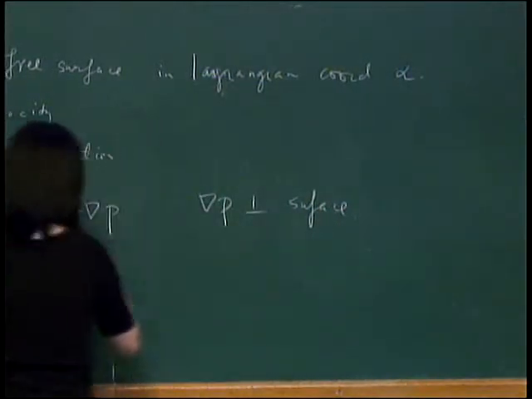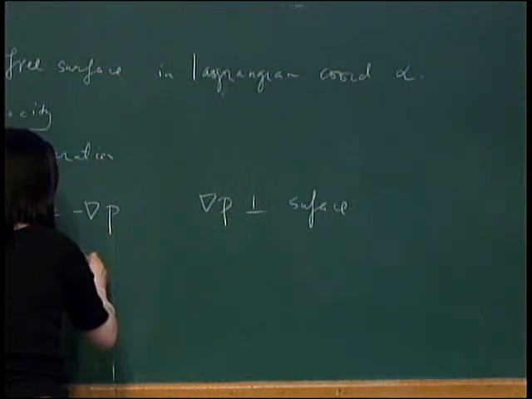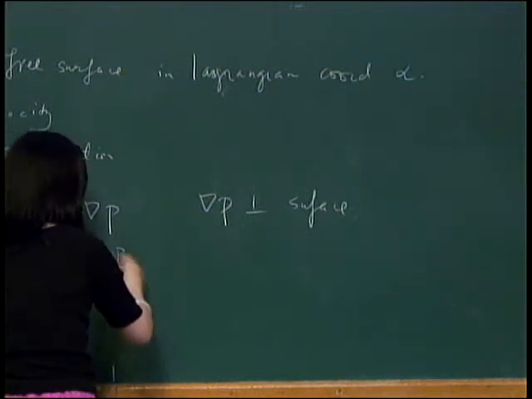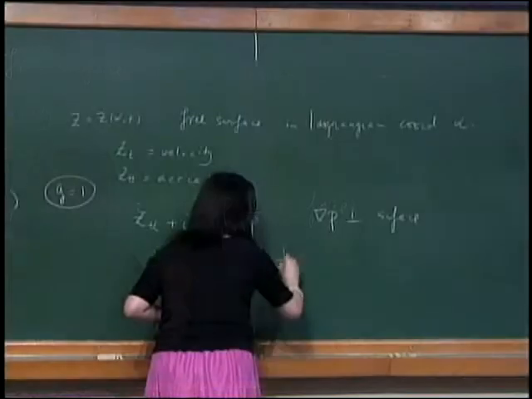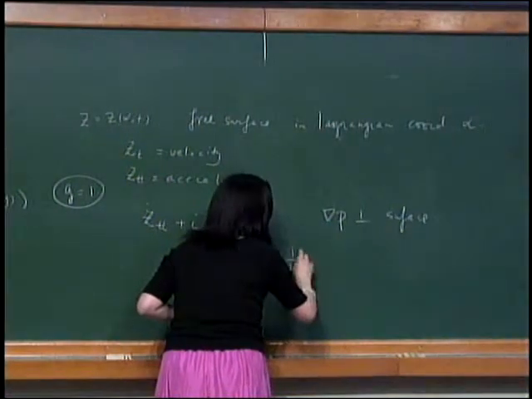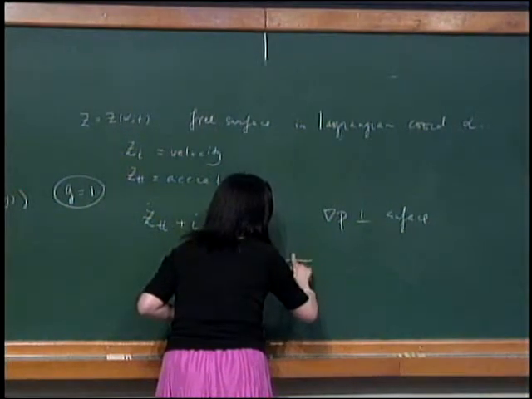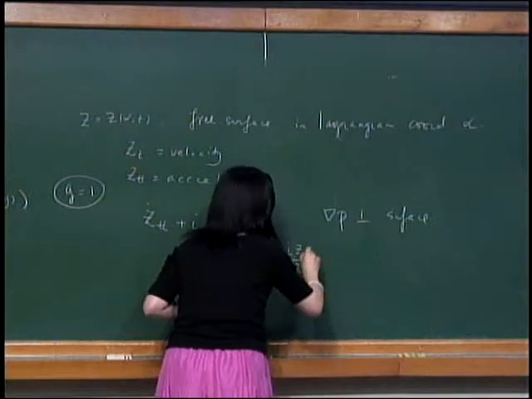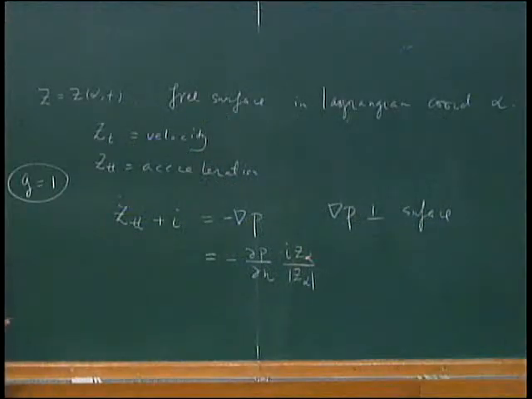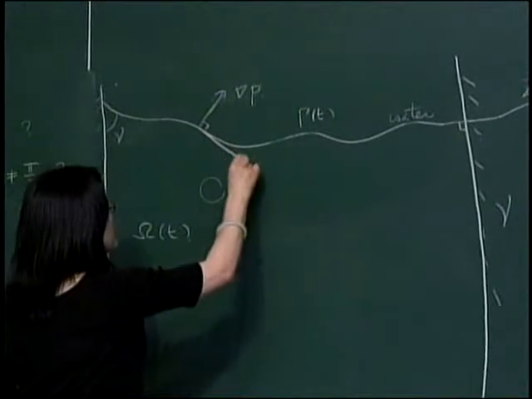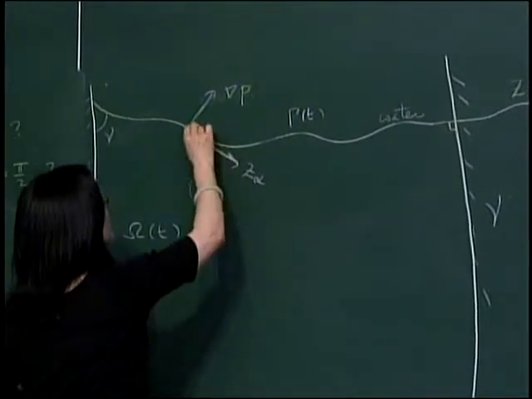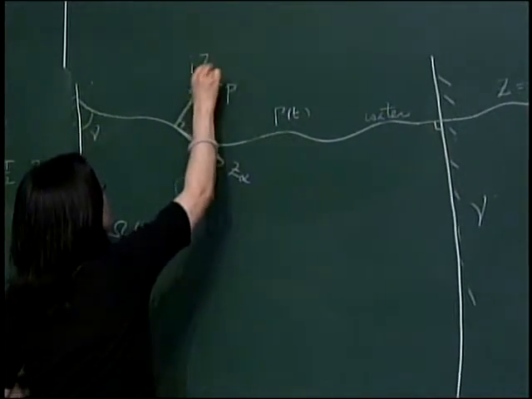So this means I can write the minus gradient P as negative dP/dN times the unit normal vector, right? So we know that Z_alpha is a tangential vector, and i Z_alpha is a normal vector.